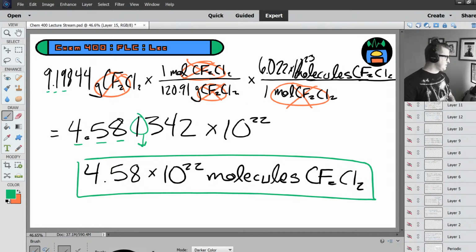And that is our final answer. All right. So that is another example of how percent mass can be incorporated into a problem, touching on concepts that we've already learned.